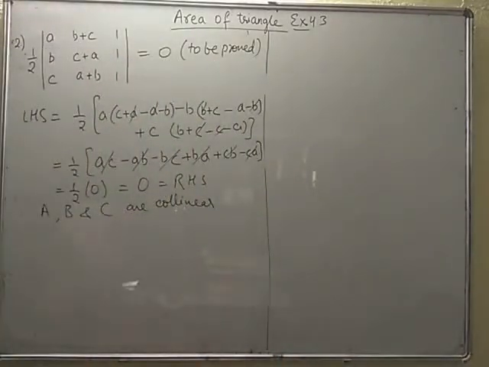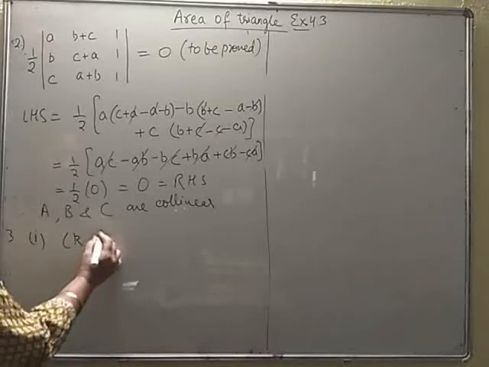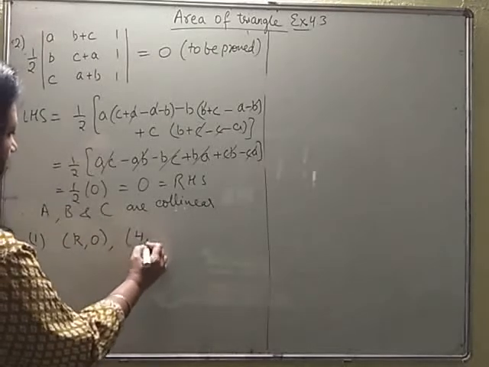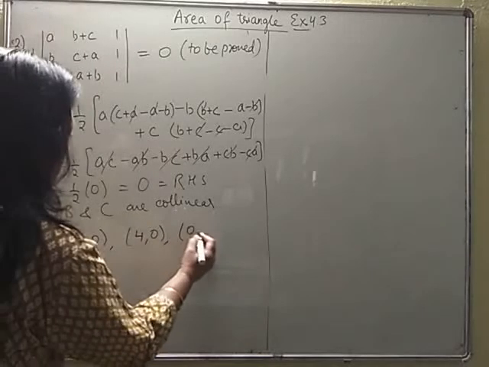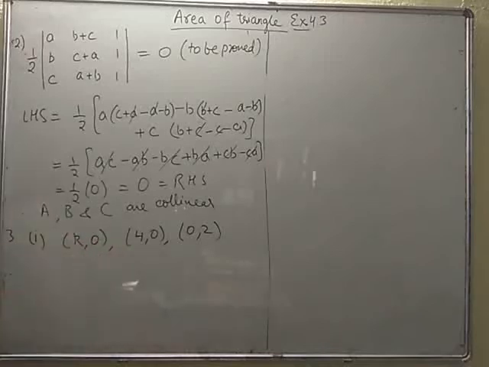Question number 3 it is. Let us take the first part. There are 3 points given to us, coordinates of 3 vertices. One is k comma 0, then 4 comma 0, and the third one is 0 comma 2. You are being asked to find the value of k so that the area of this triangle is 4 square units.